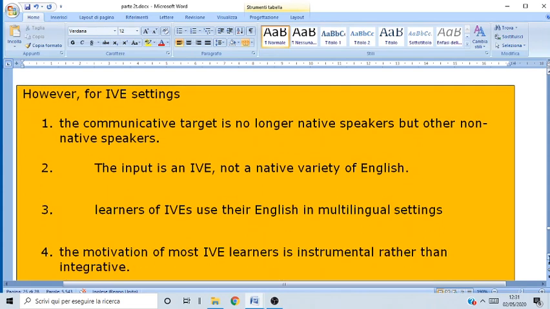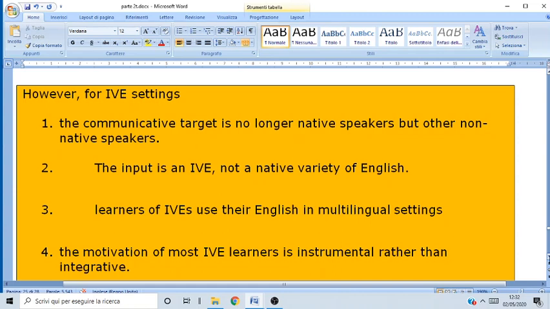But what happens with these indigenous varieties of English? Okay? What happens in the outer circle, if not also in the expanding circle? The thing is that these people do not want to speak with native speakers. They're not learning English just because they want to go to London or the United States and have lots of American or British friends.